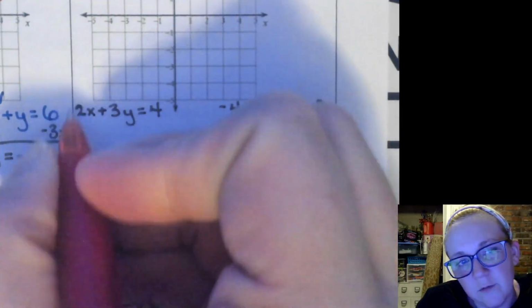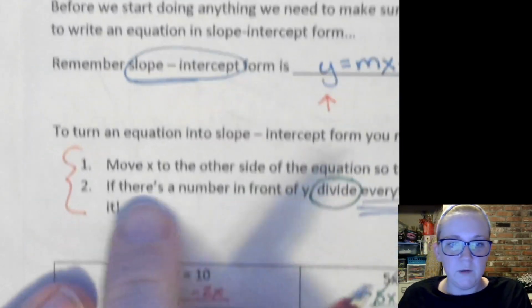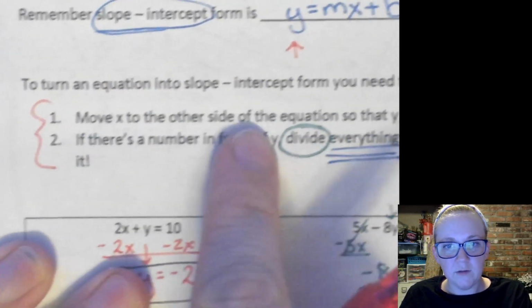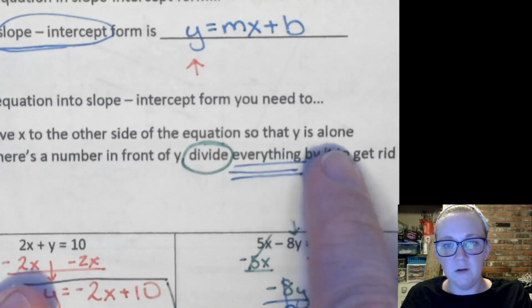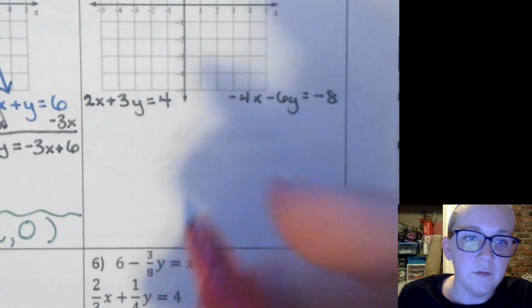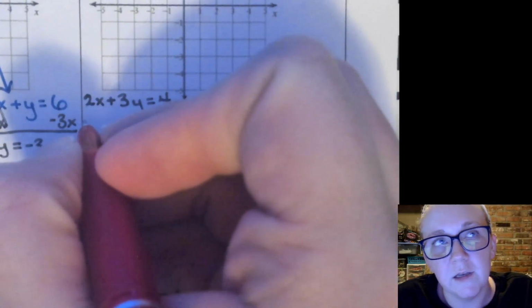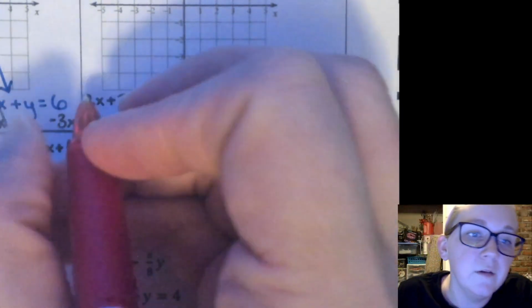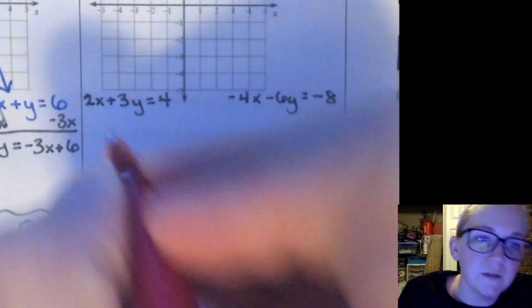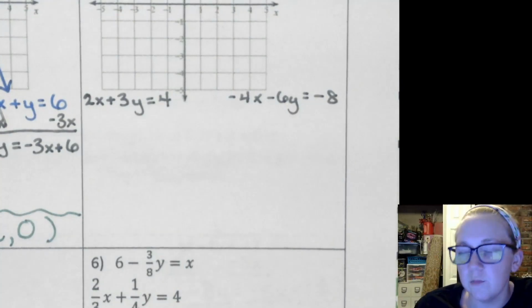First thing I told you, in case you forgot: we need to move x to the other side so that y is alone. Y is a loner, he likes to be alone by himself. We have 2x, but it is positive, so do the opposite.